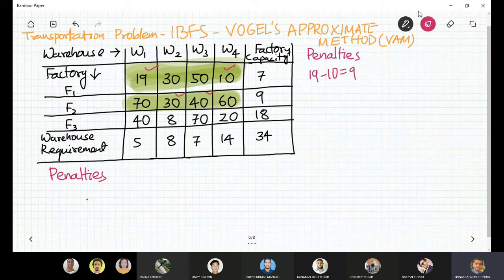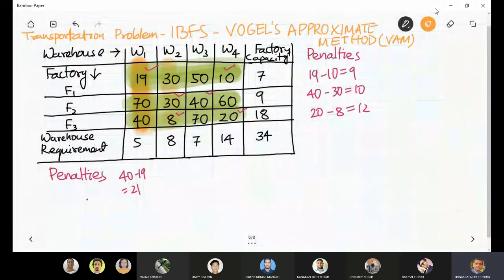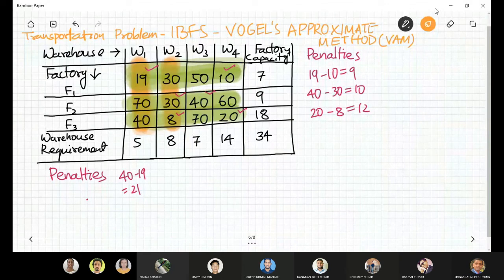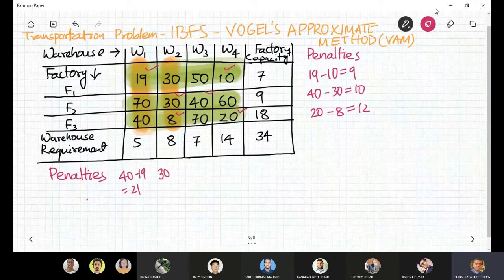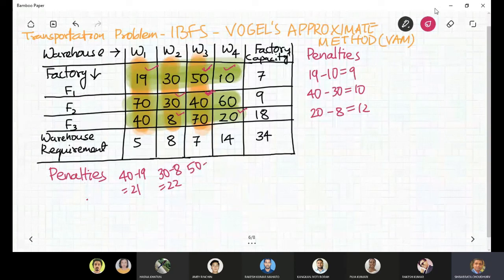What is the lowest difference? 10. 18 minus 80, the difference is 12. 30 minus 8 equal to 22. 50 minus 40 equal to 10.